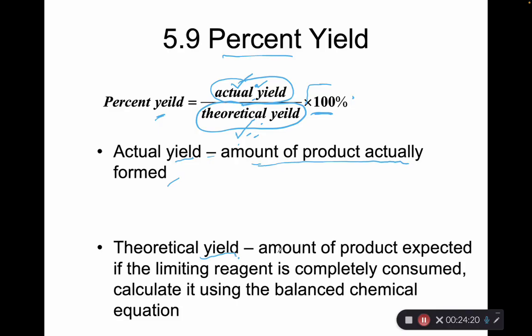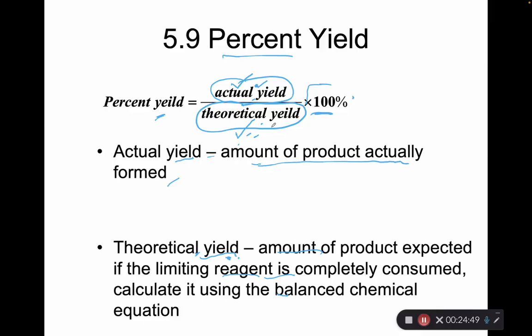We expect this amount of product when the reaction is complete, when all the limiting reagent is completely consumed. We look at the balanced chemical equation and work with the stoichiometry, just like we did in the earlier slide, and we get the mass of product. We call it theoretical yield. What is the limiting reagent? We will see in the next slide.